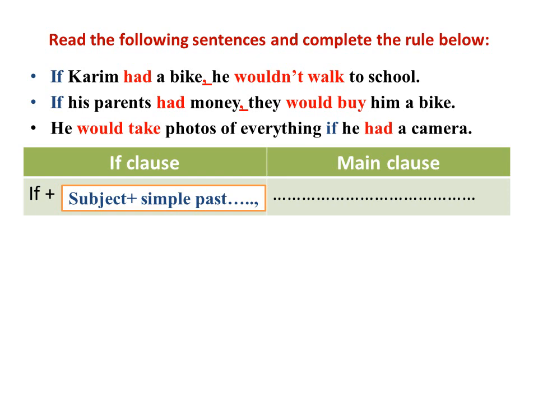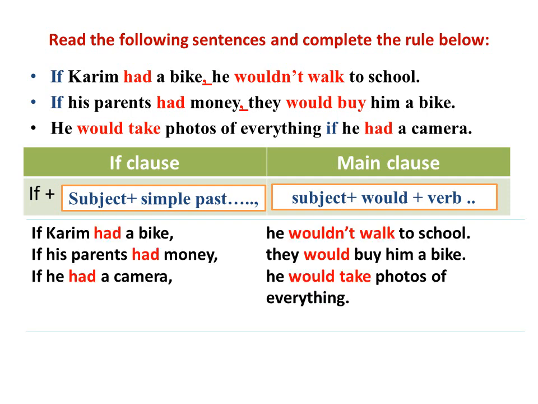And then in the main clause we say he wouldn't walk to school. So we have subject he plus would plus verb. In the first sentence we have negative, he wouldn't, so you can see would or wouldn't if it is negative.